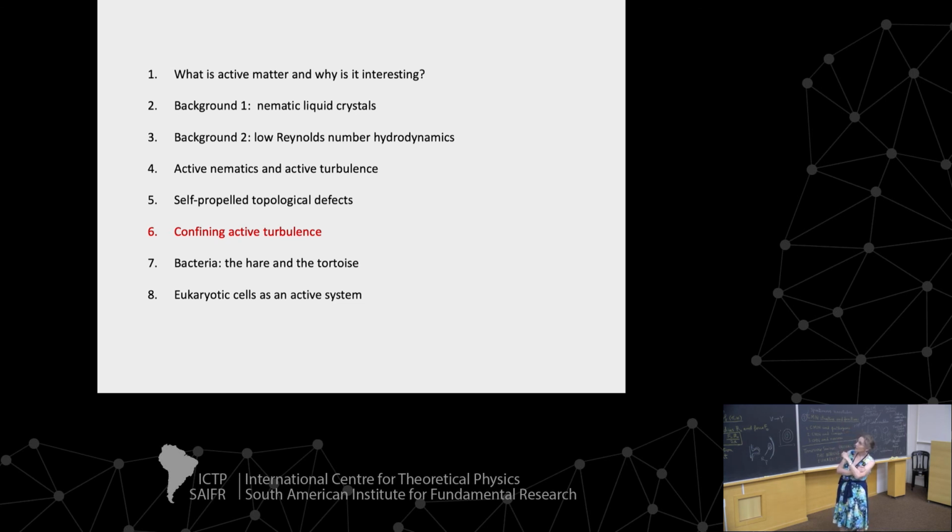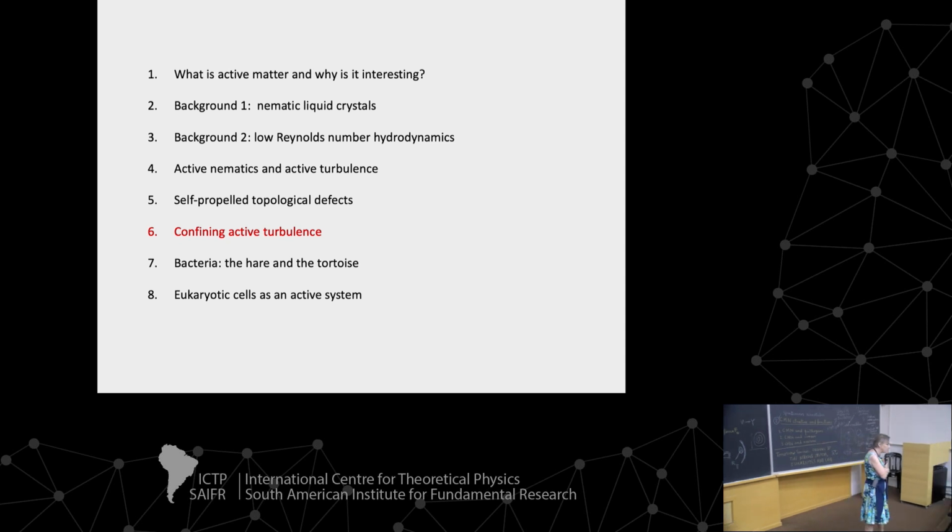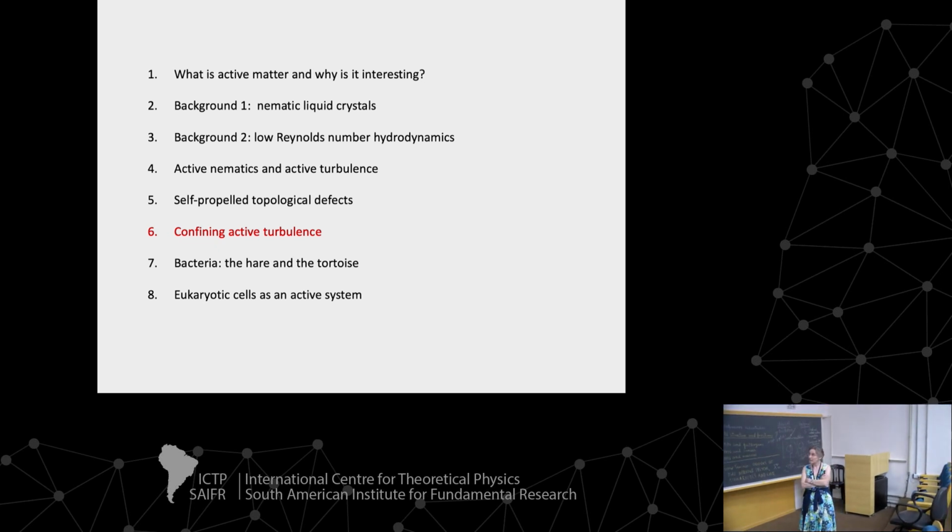And what we're going to do tomorrow is just look at some examples. First of all, the story of the hare and the tortoise, which is topological defects in bacteria, and then look at eukaryotic cells, that's the squishy cells, and to try and see whether we can think about those as an active system. And that's 7 and 8 are very much ongoing research. Okay, thank you.